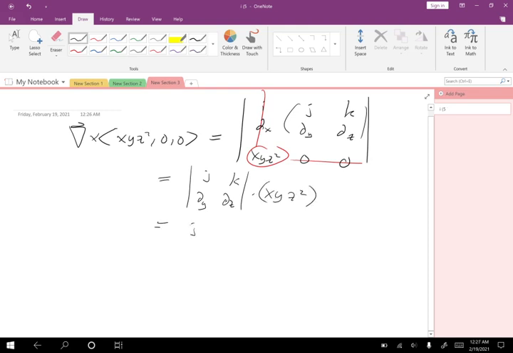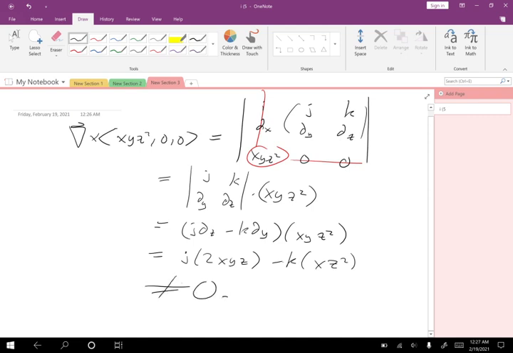So we get j d dz minus k d dy of xyz squared. This should just have j times 2xyz minus k times xz squared. Clearly this is non-zero. Therefore, no f exists such that the gradient of f equals our vector field.